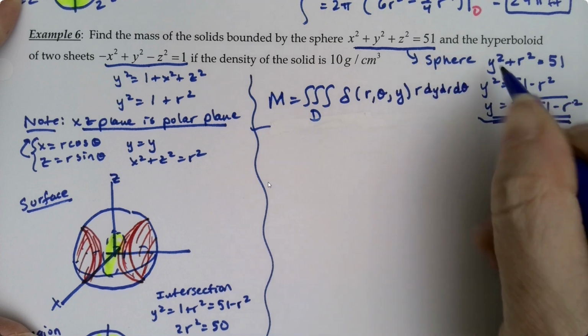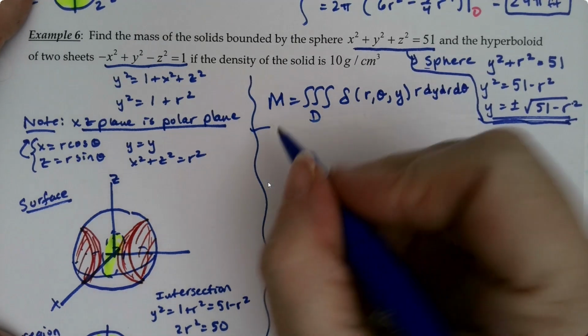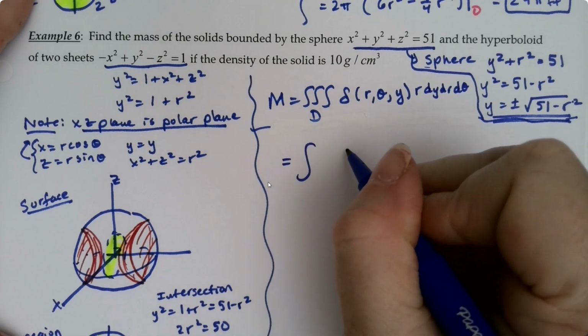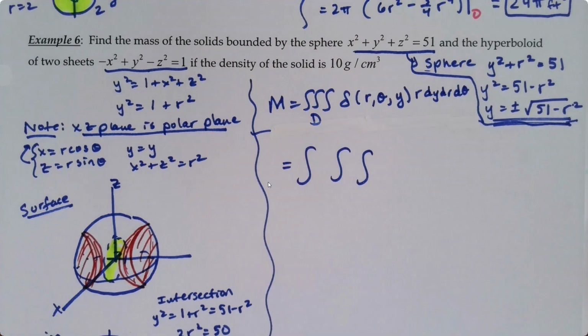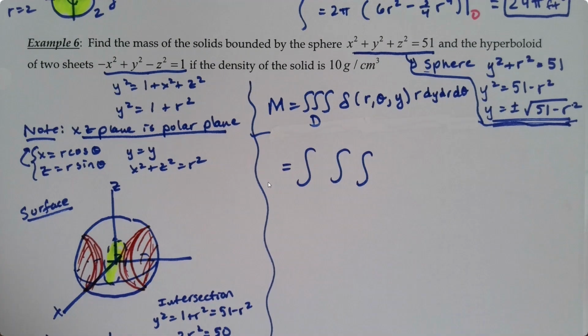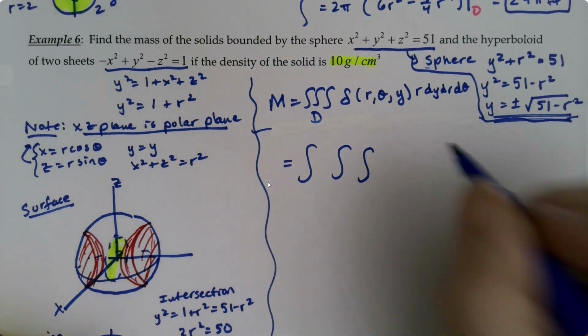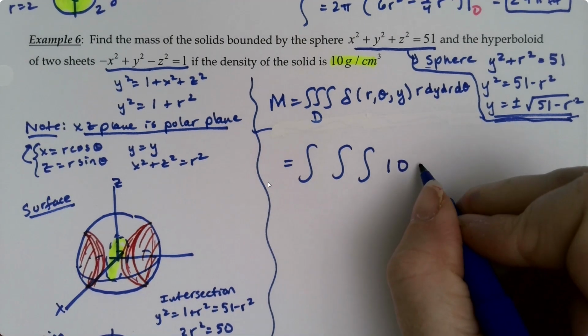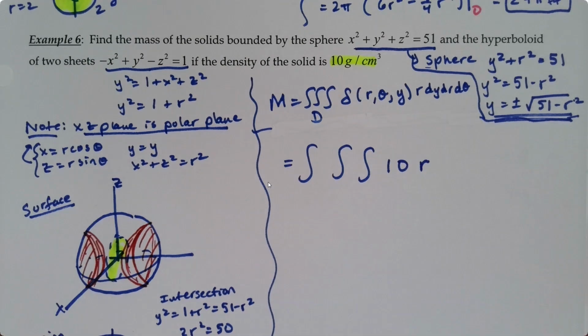That's how we're going to do this. Density is given, right? It tells us right here the density is 10. So I'm just going to put 10 in here. Then I'm going to send 10r and then dy dr d theta.